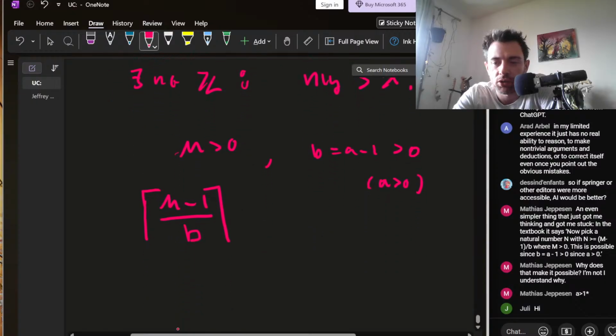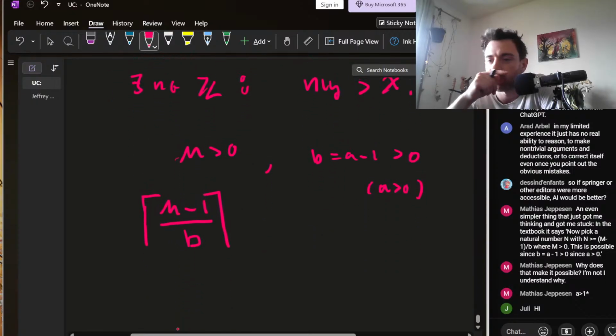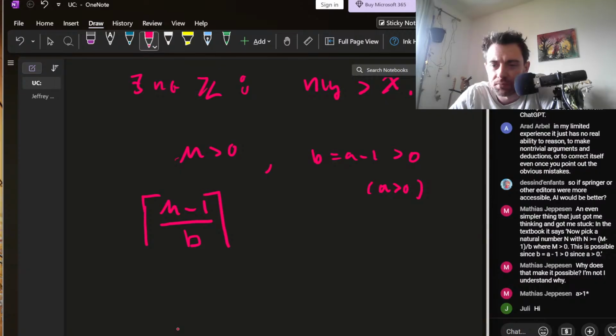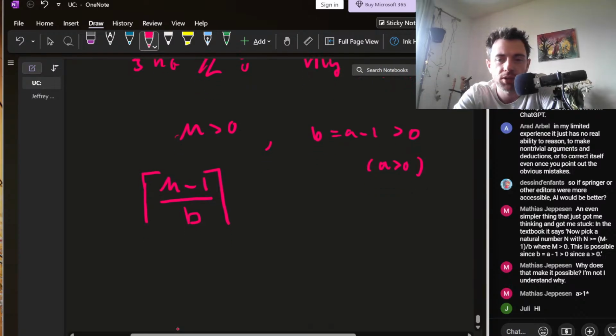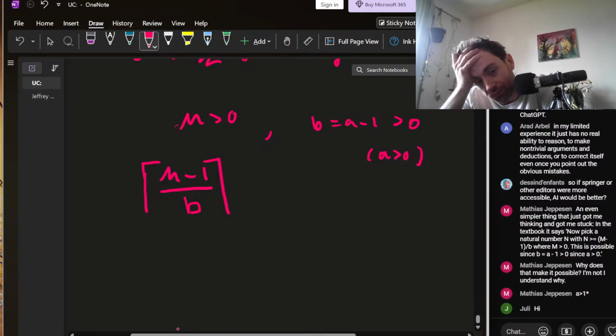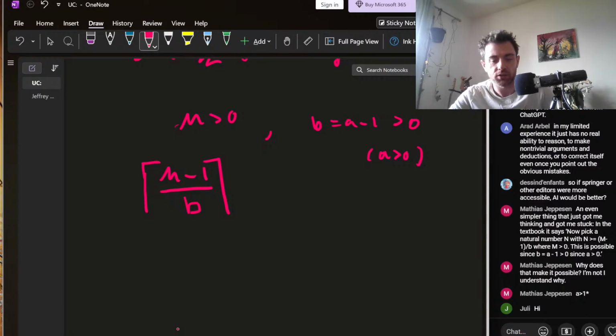I don't know where you are in the textbook. Maybe it wants you to argue it more formally. But yeah, certainly this is possible. If you wanted to do it more formally with the Archimedean property, let's see how Wikipedia phrases it.